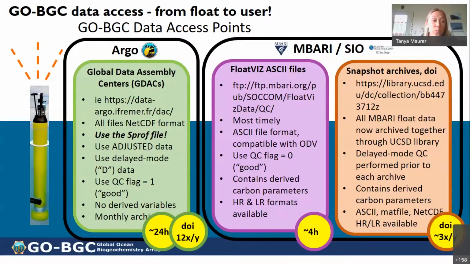And we will point you to the SPROF files, which I'll talk a little bit more about later on in this talk. But if your primary interest is more towards the derived carbon parameters, as we introduced, these are not present in the Argo files. So you're going to want to turn to the MBARI served ASCII products there. So that's the bottom line up front of how you can get the data.